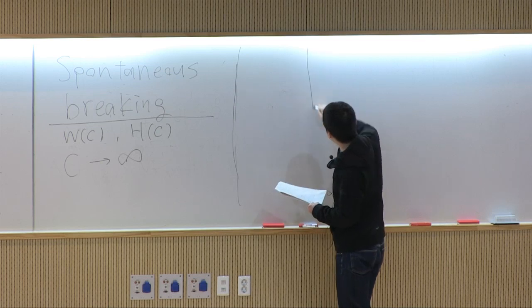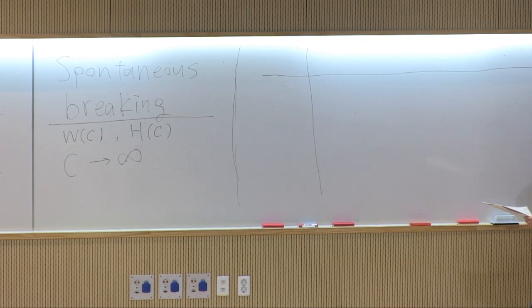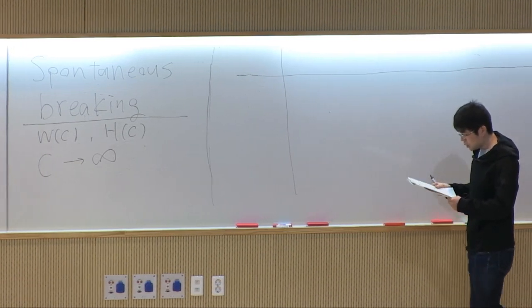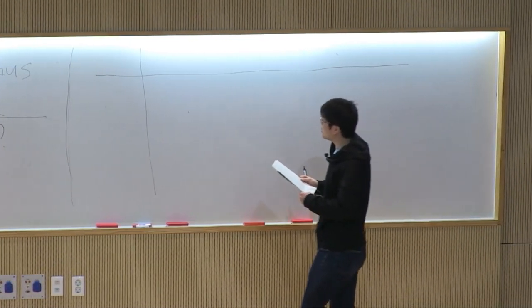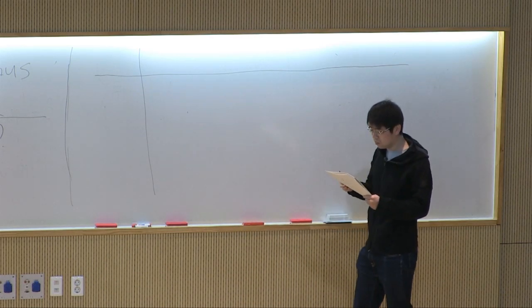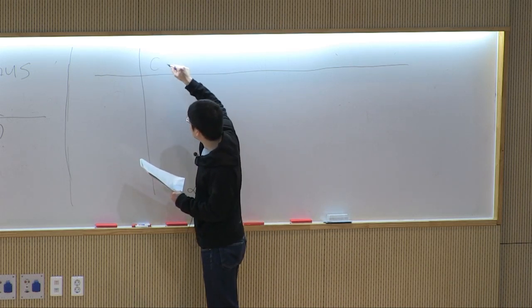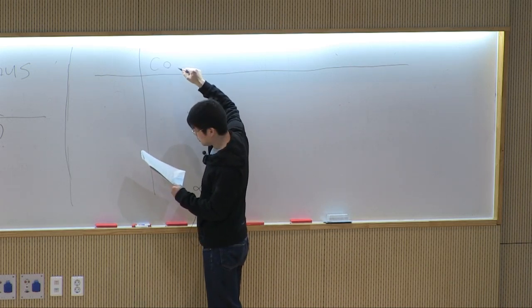So let me write a table. Typically there are three phases. Actually, there are many more phases in general, but the typical phases of gauge theory are these three phases.